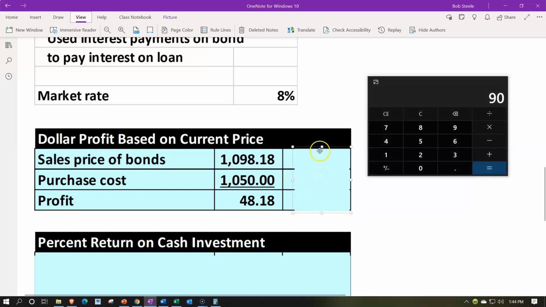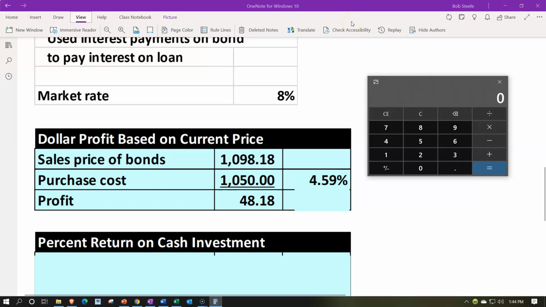So if you just take a look at this, the difference, the change, is 48.18. You can compare that 48.18 to the starting point, what we bought it for, 1,050. That would give you a rate of about 4.59%.